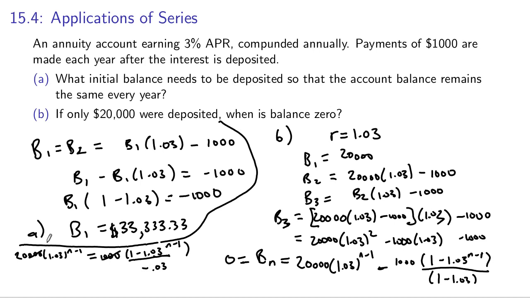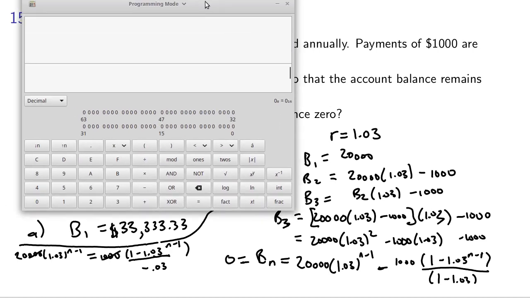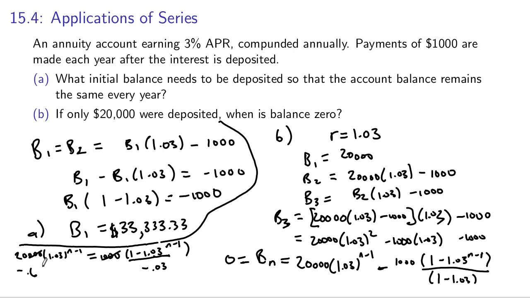Then we can multiply the negative 0.03 by 20. 0.03 times 20 is negative 0.6. Negative 0.6 times 1.03 to the n minus 1 equals 1 minus 1.03 to the n minus 1.